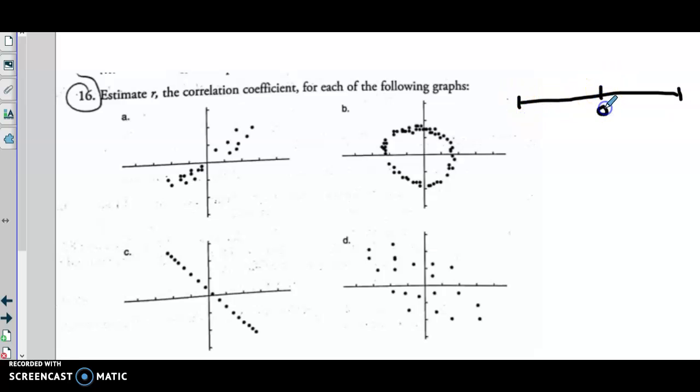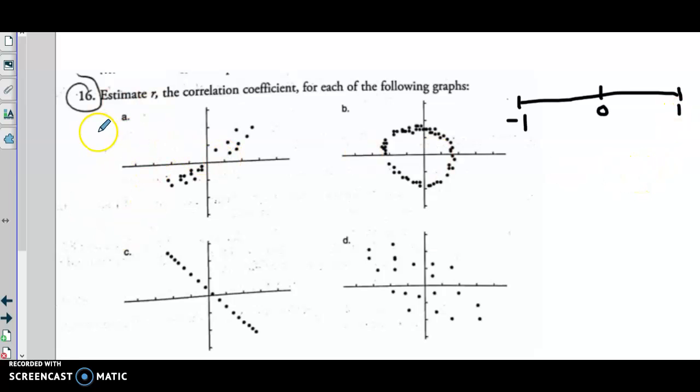So when I post my answer key, you don't have to have the same r that I do, but correlation can go from very strong or perfect negative all the way to over here, very strong, perfect positive, and any degree in between. So the closer to zero, the less of a correlation or the less of a linear pattern. The closer to -1 and 1, the stronger the linear association.